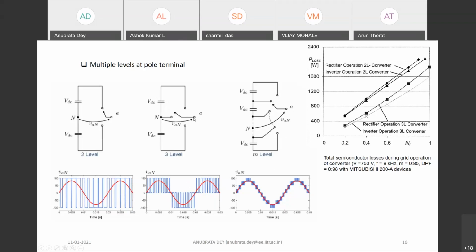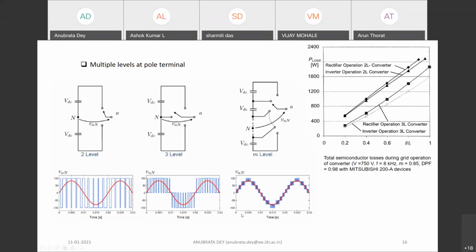Pole is fixed to a load, and most of the loads are RL type of loads, right? So you are not supposed to change the pole. When an inductance is connected to a particular point, that point is called pole. So you are not supposed to change. Either it has to connect to either of these terminals. So you always provide the path for the current to flow. That's why it's called pole.